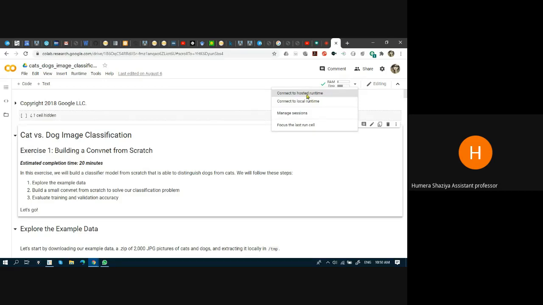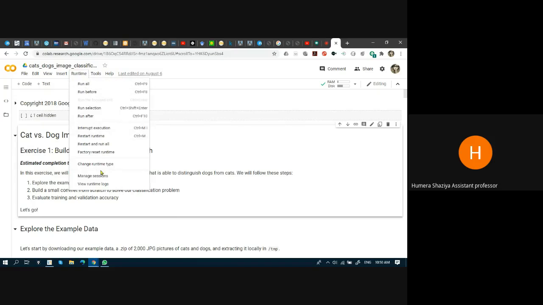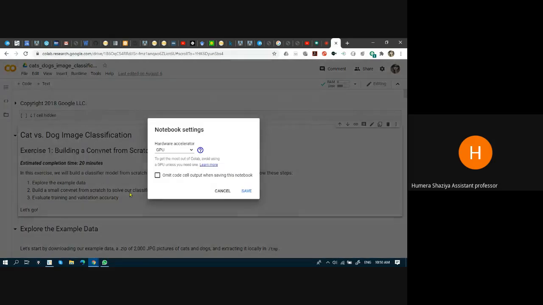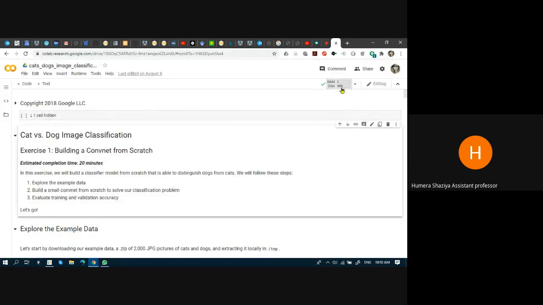They are providing a processor, memory, disk space, and here I can change runtime type, right?